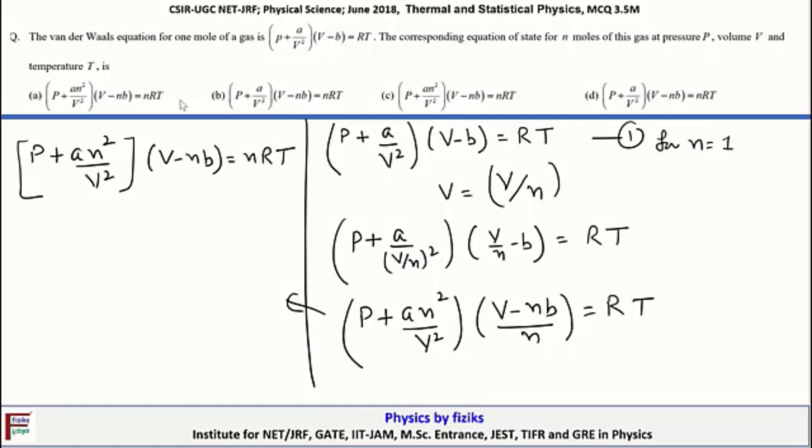If you compare the result we have obtained, it matches with option A: (P plus a n square by V square) into (V minus nb) is equal to nRT.